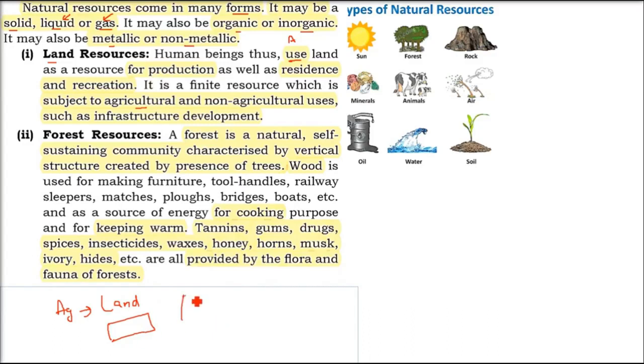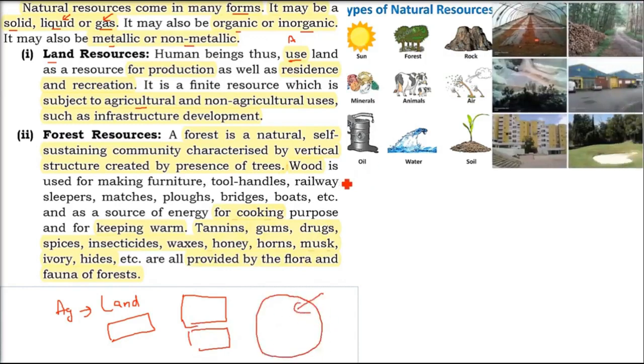But the thing is that we have agriculture land and non-agriculture land. And the land is limited because on our globe, the land is limited. We cannot increase it. So on land resources, roads are being made, houses are being made, buildings are being made. Even if you want to play something like golf, you need land. You need land for agriculture.